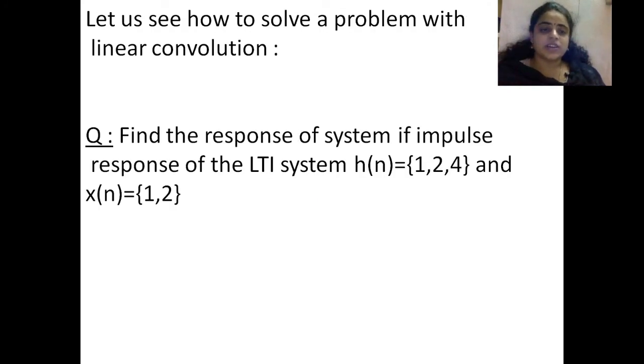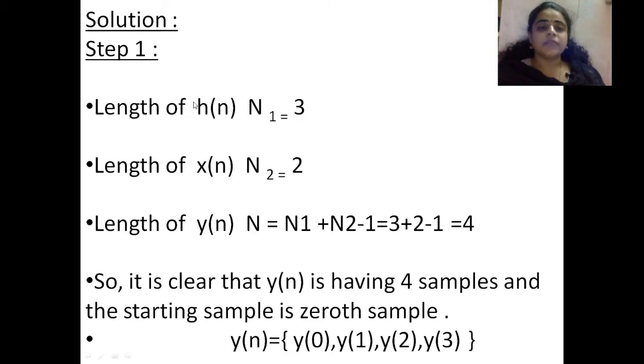This is the question given: find the response of the system if the impulse response of the LTI system h of n equal to 1, 2, 4 and x of n is equal to 1, 2. If you observe, the lengths of h of n and x of n are different. Solution: step 1, we have to find the length capital N, that means the length of the convolved signal. Let the length of h of n be n1, that is 3 samples. The length of x of n, n2, is 2 samples.